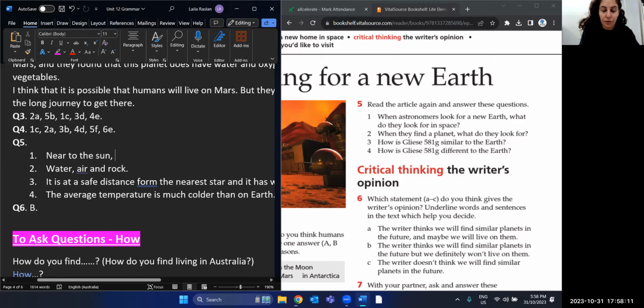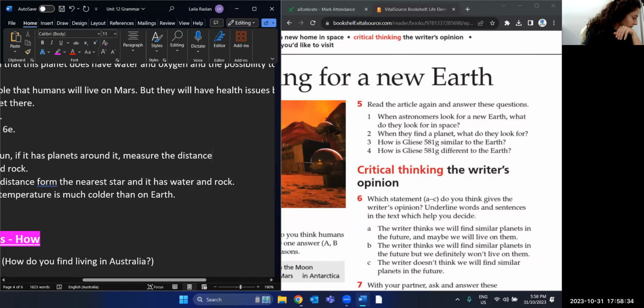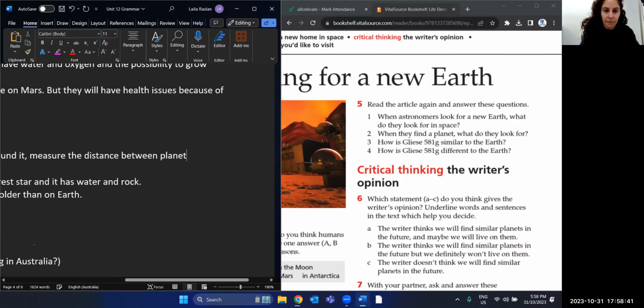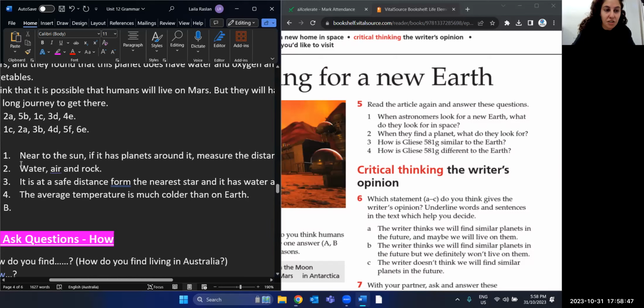They see if it has planets around it. They also, once they find a new planet, it's important to measure the distance. So they also measure the distance between the planet and the sun. Between planet and sun.